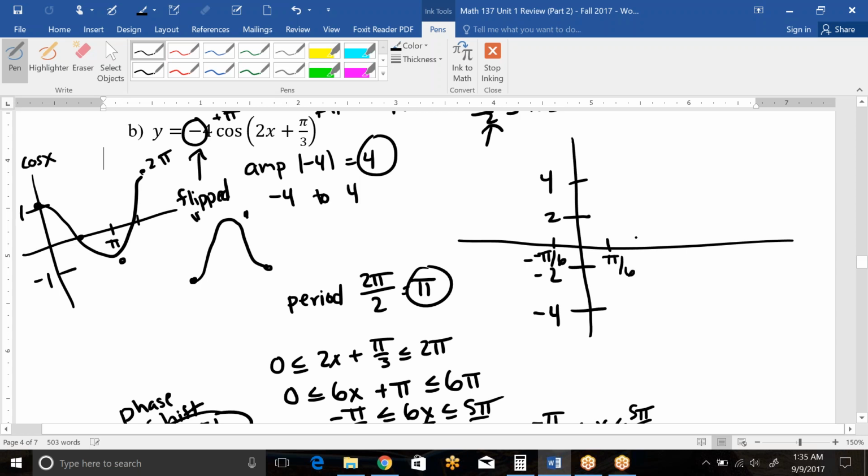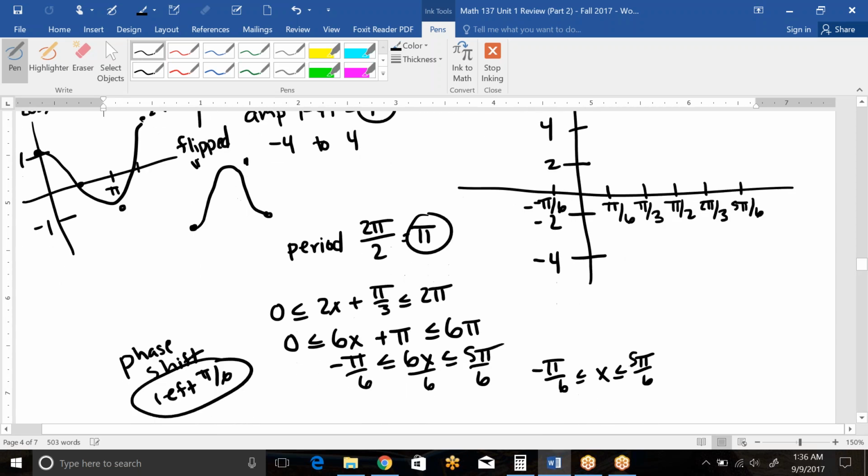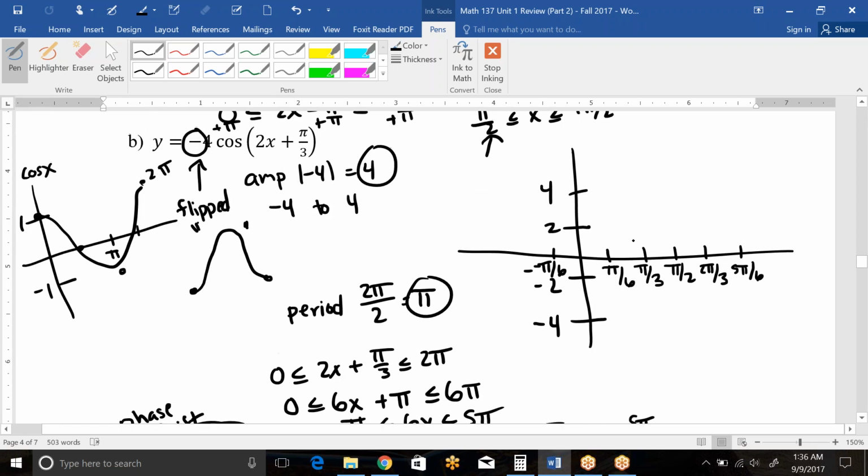We're just going to count by pi over 6's. 2 pi over 6 is, remember, pi over 3. 3 pi over 6 would be pi over 2. 4 pi over 6 is 2 pi over 3. 5 pi over 6. That's going to be the ending of my period. Okay, so I just needed to make sure all of those values showed up equally spaced.